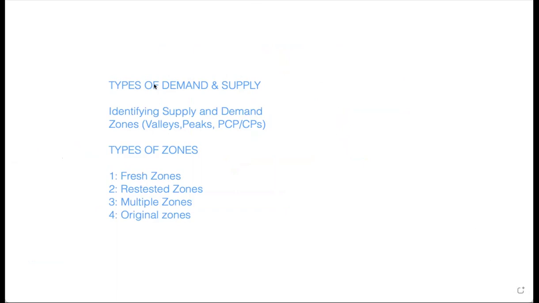And we also learned about types of zones that you'll find when you trade supply and demand. We have fresh zones, retested zones, multiple zones, and original zones, all right? So these are the basics that we have to look for. And now when you look at your charts, always look for this, all right?